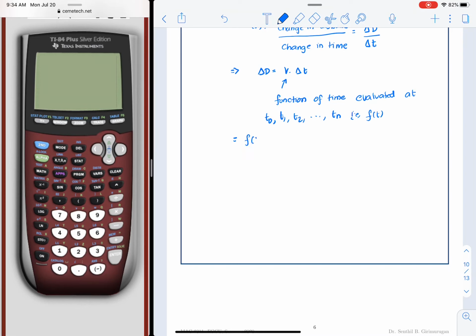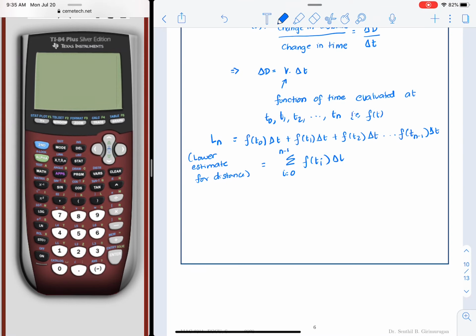So this would be f of t naught multiplied by delta t, f of t1 multiplied by delta t, f of t2 multiplied by delta t, all the way up to f of t n minus 1 multiplied by delta t. And that would be the lower estimate for distance.